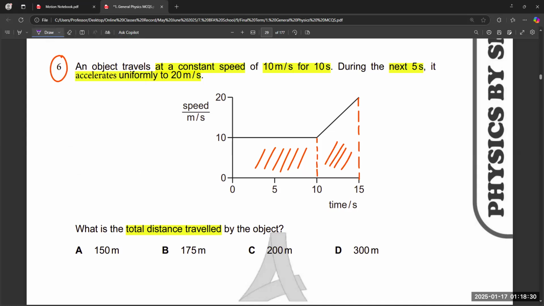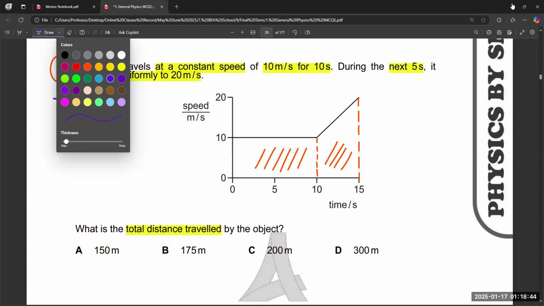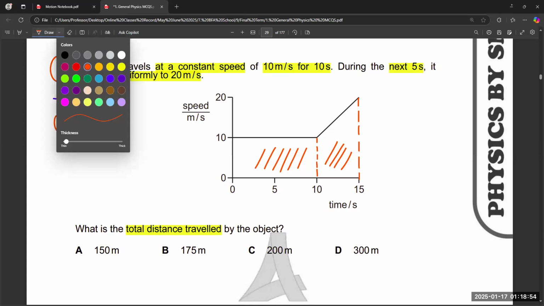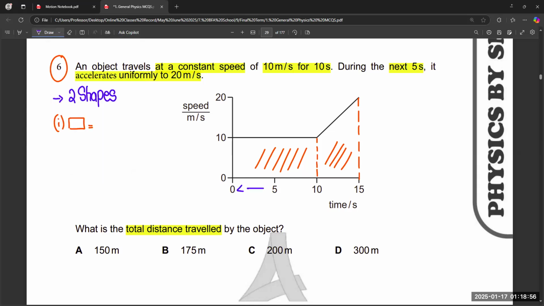So for example, if we want to solve with the help of two shapes only, the first shape is a rectangle and the values are 10, h.